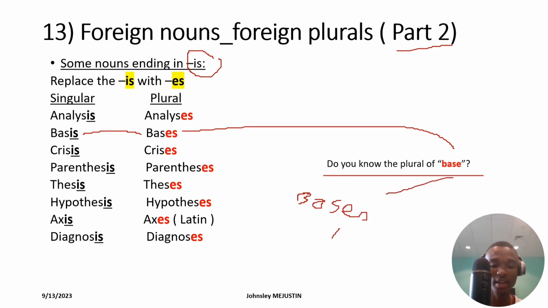For basis we would have that ee sound. Here we say bases. But for base, we say bases. The plural of basis is bases, but the plural of base is bases.